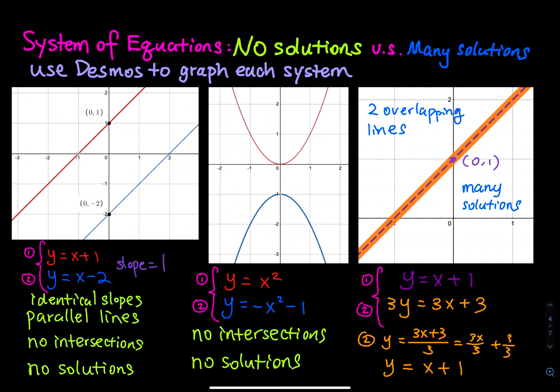So remember I said that I use Desmos to do the graph. Desmos is extremely convenient. So look at these functions: y equals x squared, y equals negative x squared plus 1. I made this convenient because I wrote the equation as y in terms of x, but sometimes you have x squared, x to the third power, y squared, y to the third power, and the problem will not present it in a way where y is in terms of x.